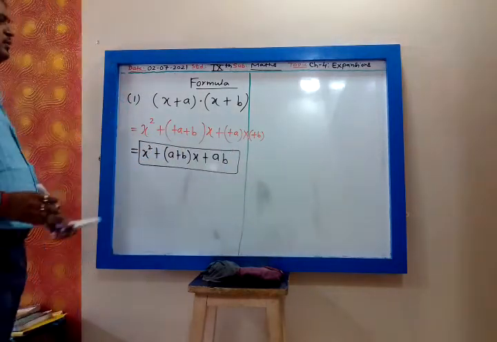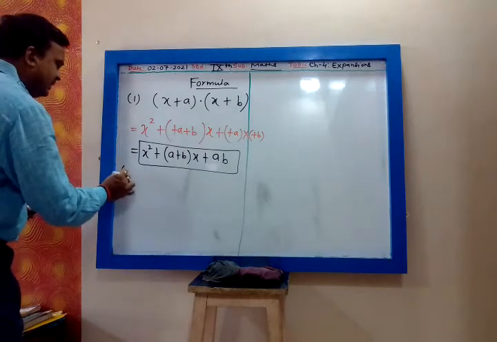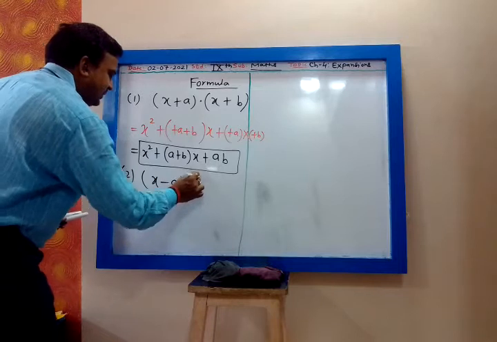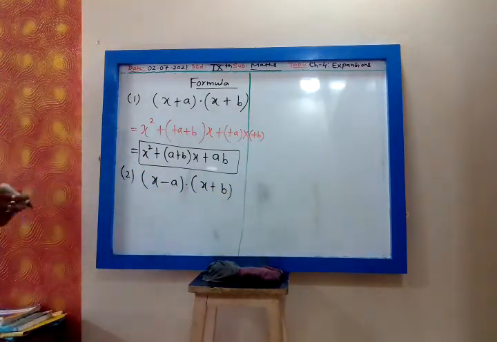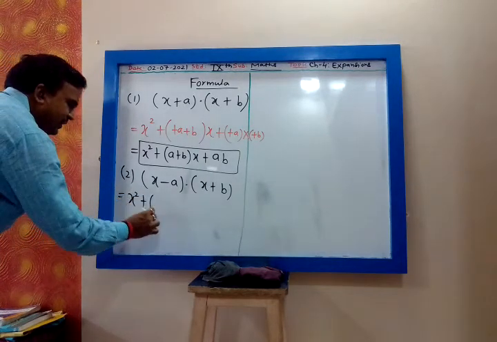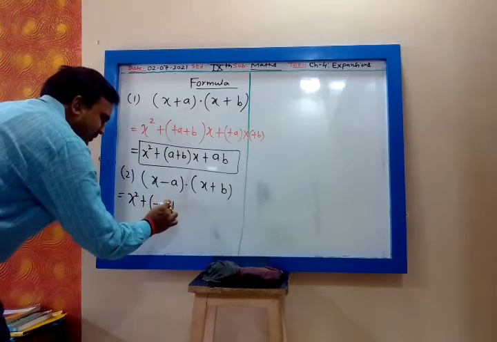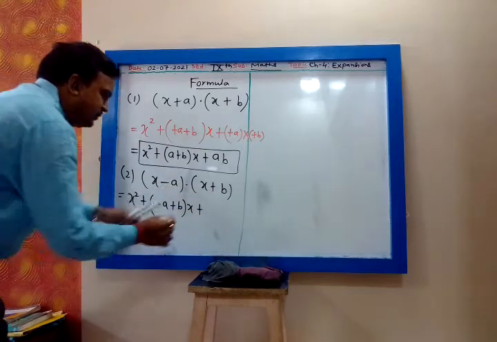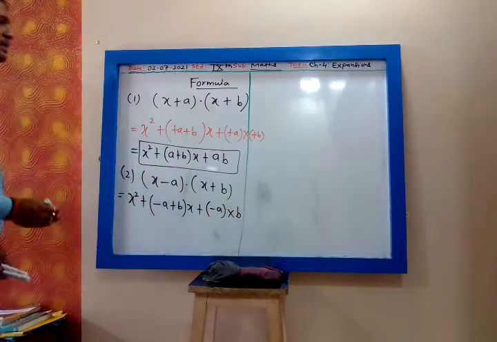So I will advise you, do not remember the formula. Let us take x minus a and x plus b. One is negative, other is positive. Can you tell me what that will be? Same thing. That will be x square plus, in brackets, add these numbers, minus a plus b, into x, then last it will be the product of these two, that is minus a into b.